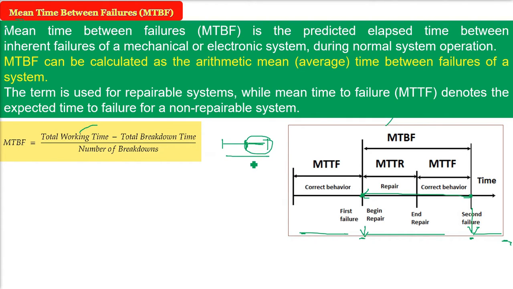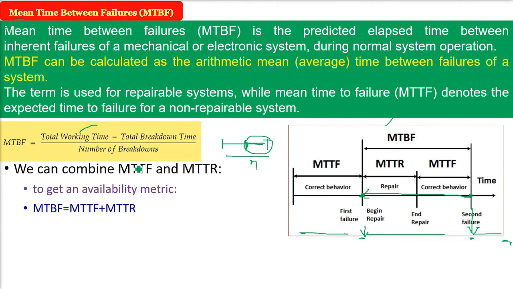So this is going to be MTBF. We can combine this MTTR and MTTF, that is the mean time to repair and mean time to failure, and then you add them, that is the time of MTBF. That is mean time between failure, because something happens, some failure happens, there will be a time to get it repaired, and after that the system will work fine until it reaches the second failure point.